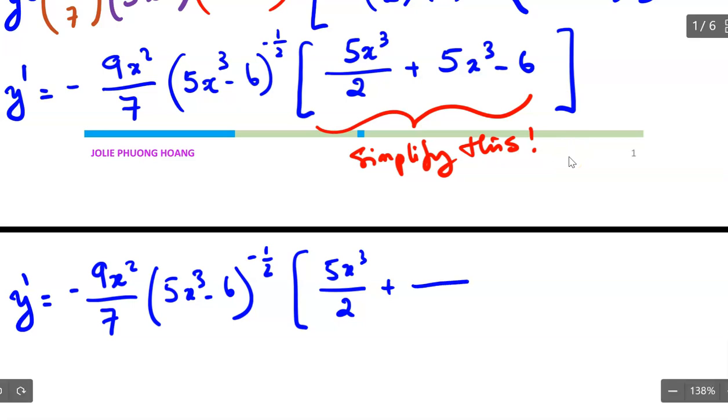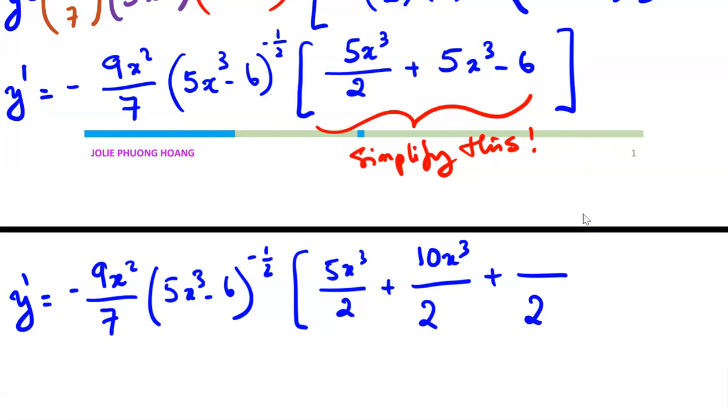So if I have that as 2, that means I must multiply this by 2, so that I end up with 10x to the exponent 3. If I make this a common denominator of 2, then I must multiply 6 by 2, so I will have 12.